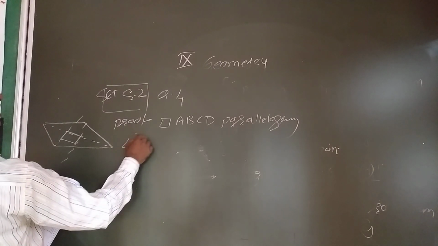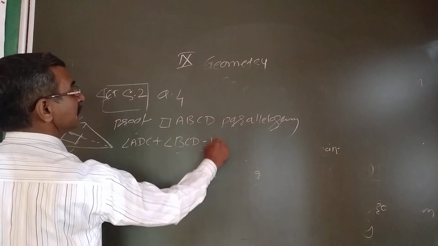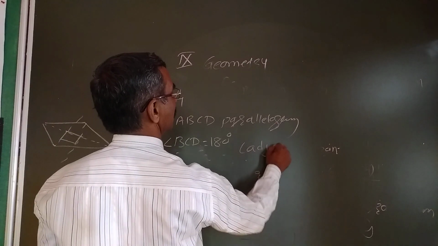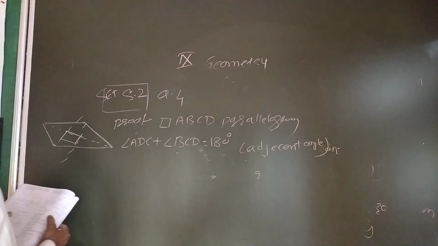Angle ABC plus angle BCD is equal to 180 degrees, because adjacent angles are supplementary.